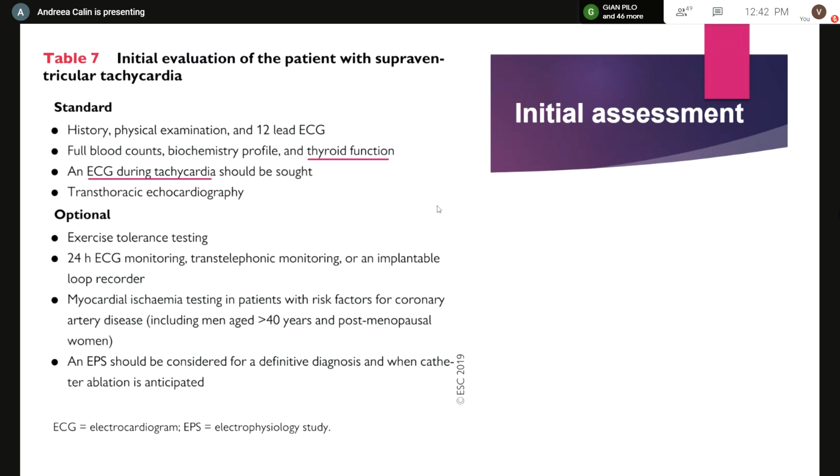So the initial assessment of the patient with palpitations, when you have a suspicion of supraventricular tachycardia, should be made by history, physical examination, and of course a 12-lead ECG. An ECG during the tachycardia is very important and should always be sought. A transthoracic echocardiography should be performed to see if there is a substrate for the tachycardia.